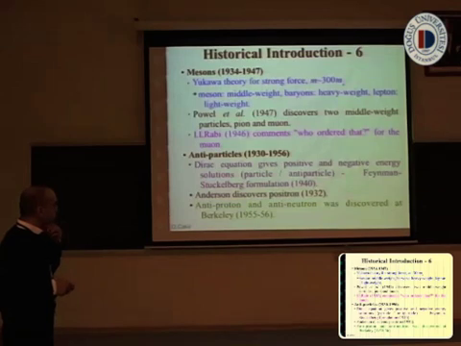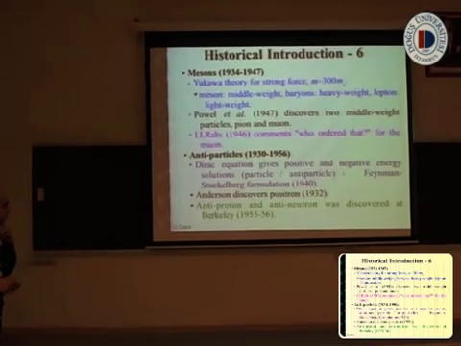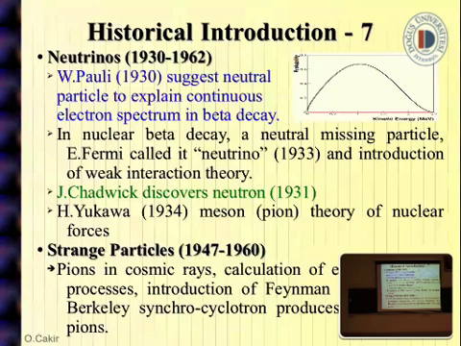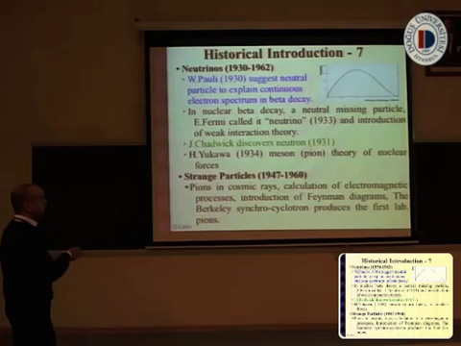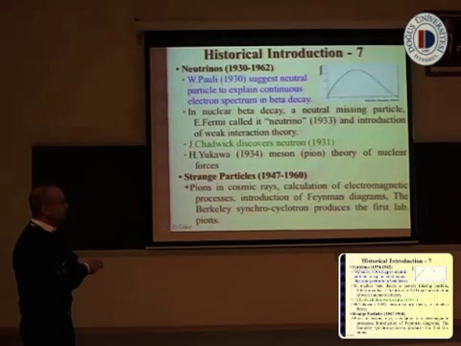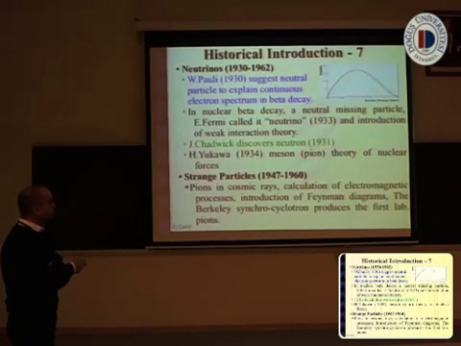Anderson discovers the positron, and the antiproton and antineutron were discovered at Berkeley in the 50s. Another important thing is nuclear beta decay. Pauli suggests a neutral particle to explain the continuous electron spectrum. Chadwick discovers the neutron in 1931, and the Yukawa meson theory of nuclear forces comes in 1934.